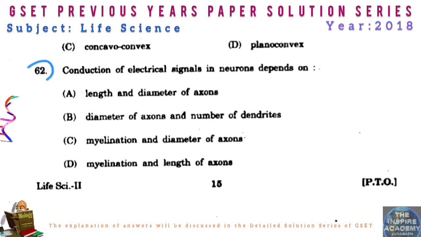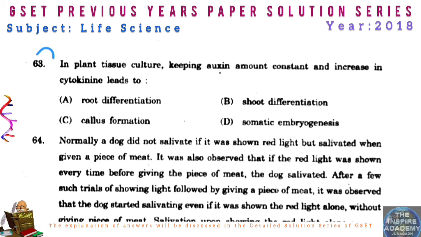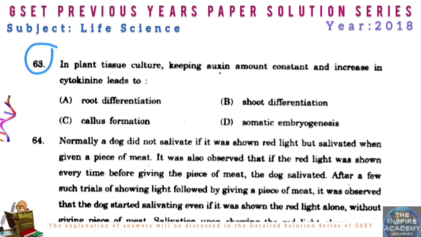Question number 62. Conduction of electrical signals in neurons depends on myelination and diameter of axons. Question number 63. In plant tissue culture, keeping oxygen amount constant and increase in cytokinin leads to shoot differentiation.